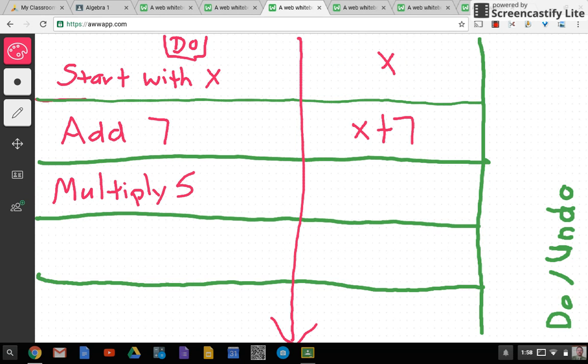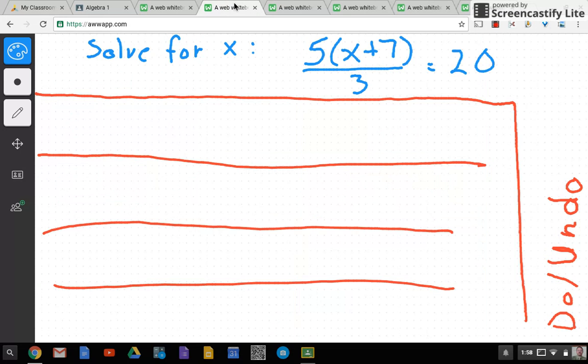And so that would look like this. And in order to make the multiplication come after the addition, I have to use the parentheses, as we have discussed before. So my next step would be to divide it by 3.